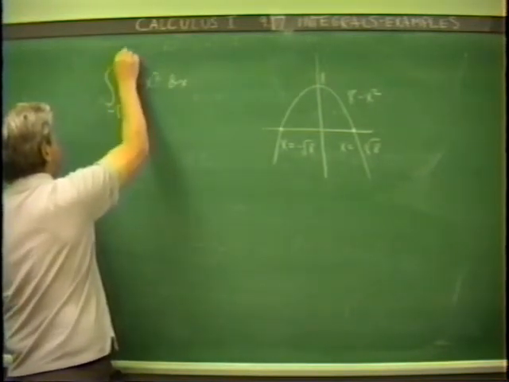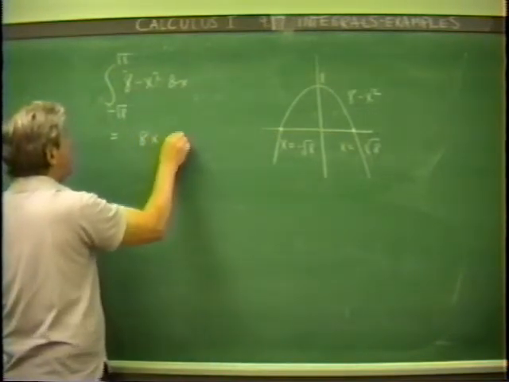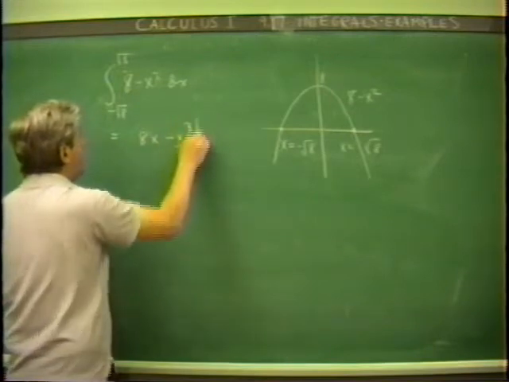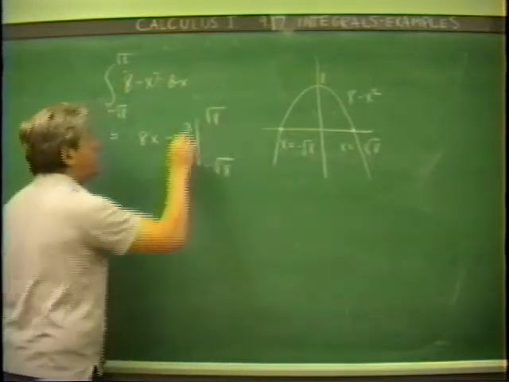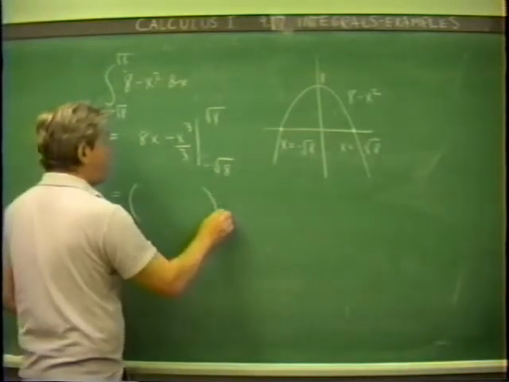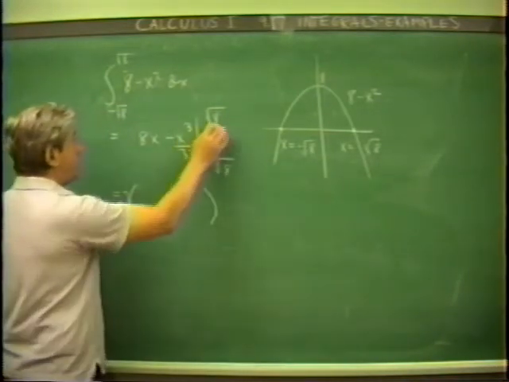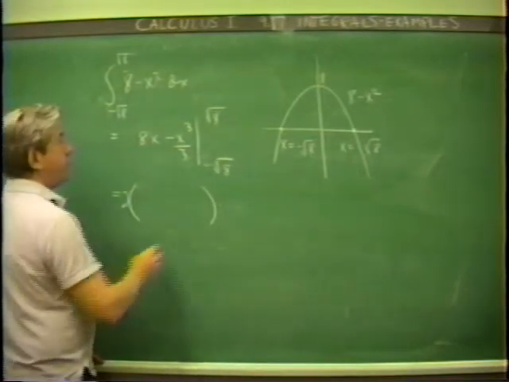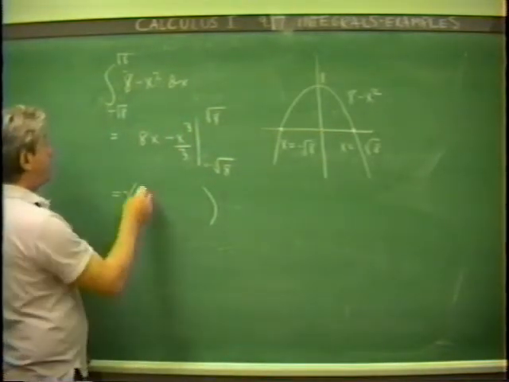So to find this area here, we would want to integrate 8 minus x squared with respect to x from minus the square root of 8 to the square root of 8. The antiderivative now is going to be 8x minus x cubed over 3. We want to evaluate that from minus the square root of 8 to the square root of 8. That's to say we take the value at the square root of 8 and subtract the value at minus the square root of 8.